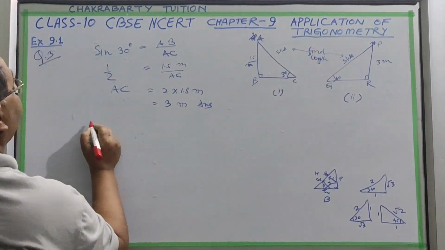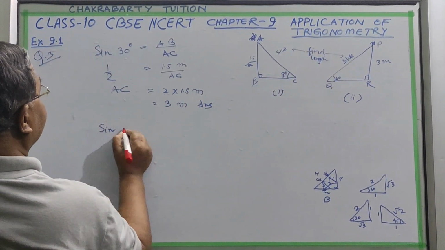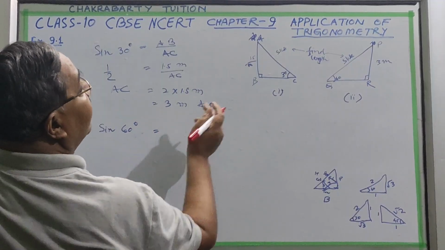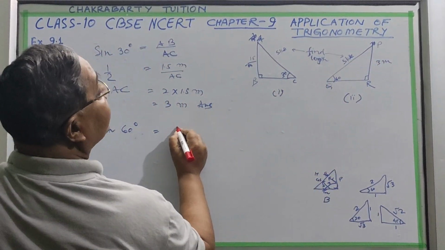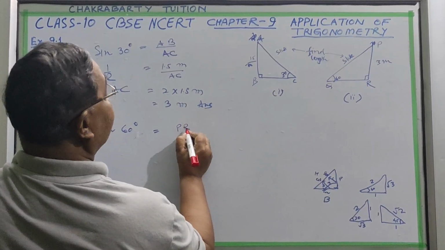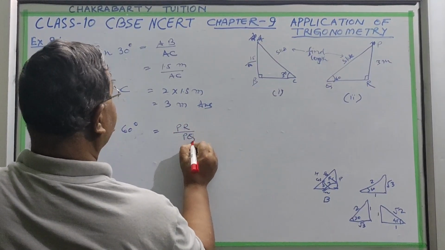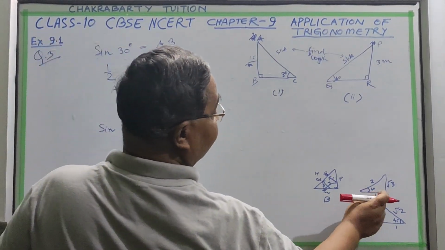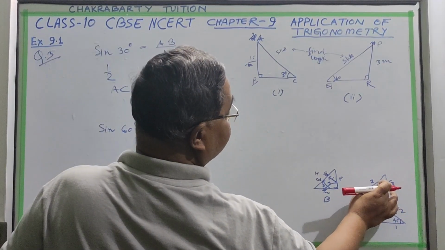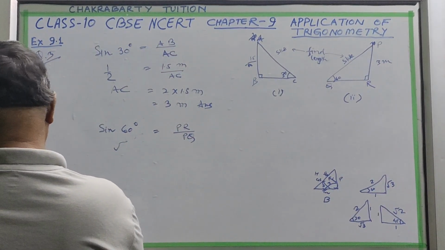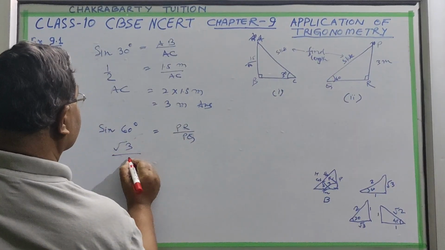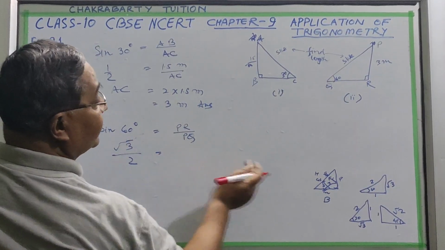For the second one, we will find sin 60 degree. Here sin 60 degree will be PR upon PQ. Sin 60 is root 3 by 2.